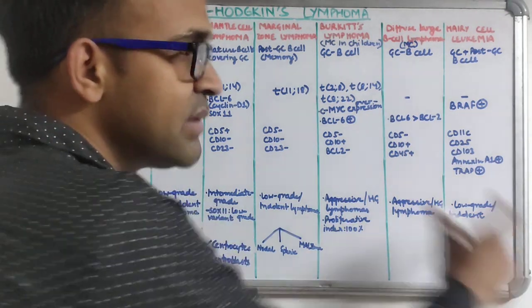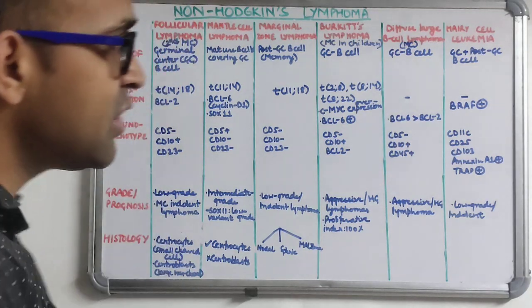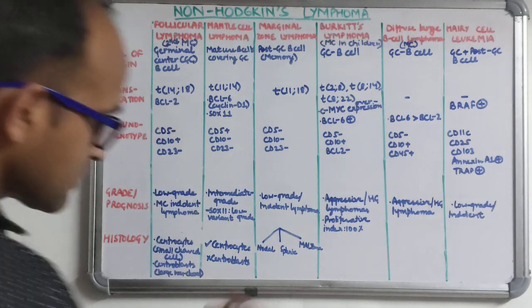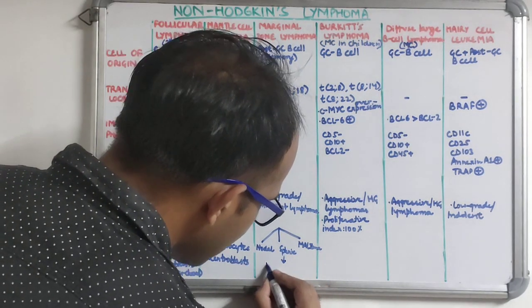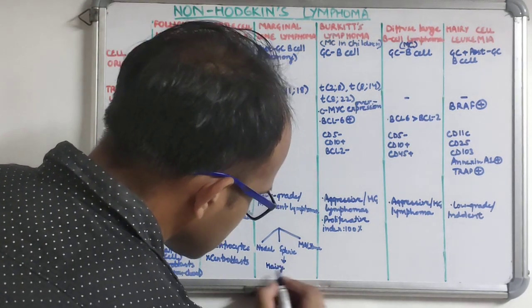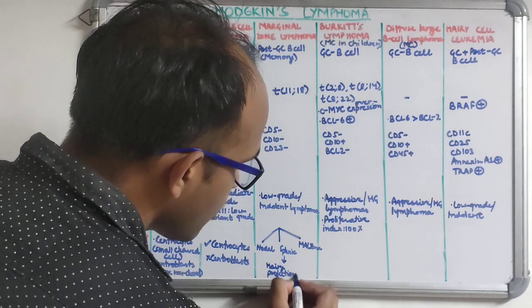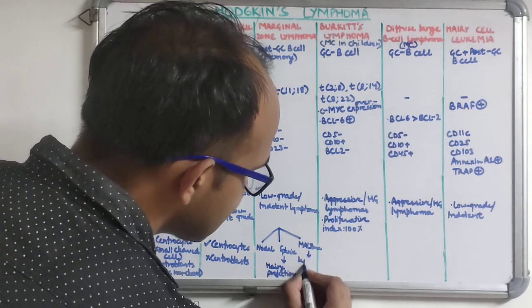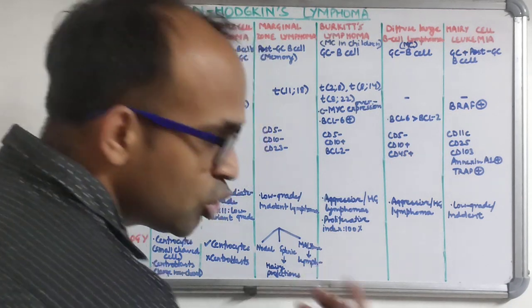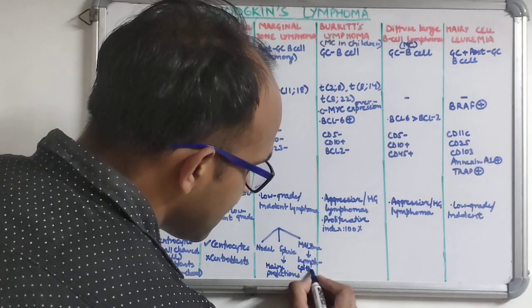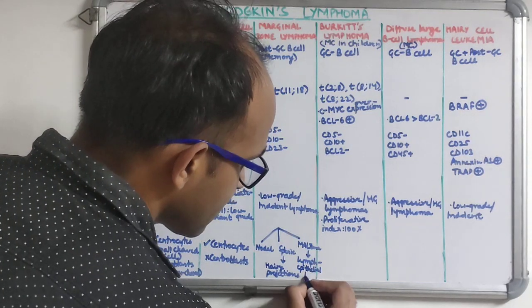So how will you distinguish? You will distinguish depending upon the immunophenotype. And in maltoma, characteristically lymphoepithelial lesions are seen due to invasion of epithelial cells by malignant lymphocytes.